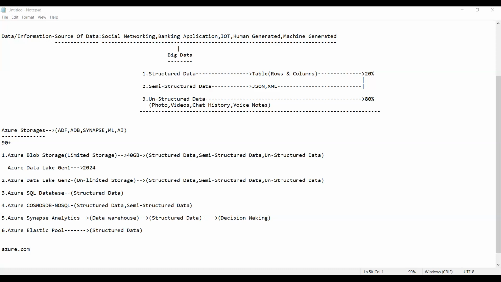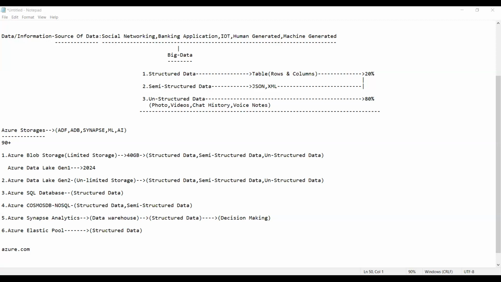Now you can see this is portal.azure.com, and here on the top we can see start free. Now click on start free. As I'm already signed up, it's giving me my mail ID and password, everything is saved. Else it will ask you for the username and password.